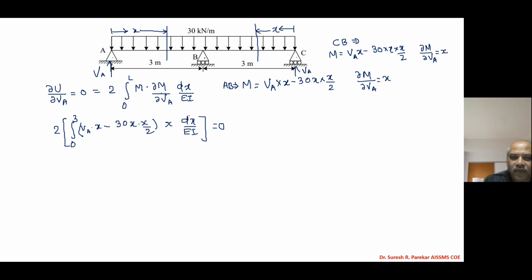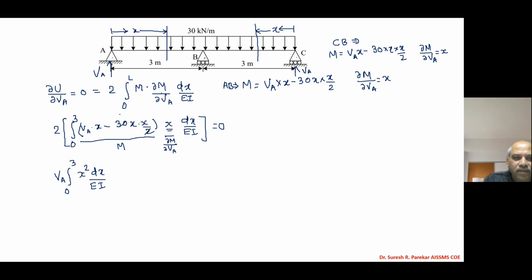And therefore we will substitute this value of M and this value of dabba M by dabba VA. And then these two will go on this side, become 0. So now I will make it separate: integration 0 to 3, VA I will take outside, into X square dx upon EI. We have to multiply this X with both terms.